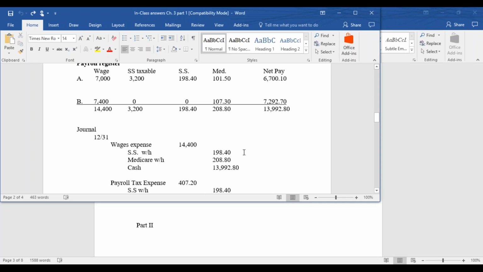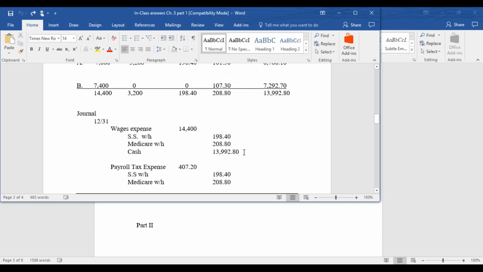Now the payroll tax expense, this is the employer's part. This is what they have to pay out of their own pocket. So notice this is an expense. The employer has to pay an additional $407.20. And that simply comes from this, and that they have to pay this amount again.